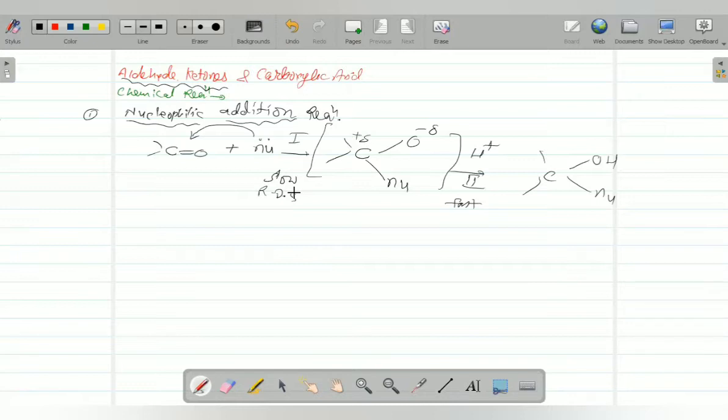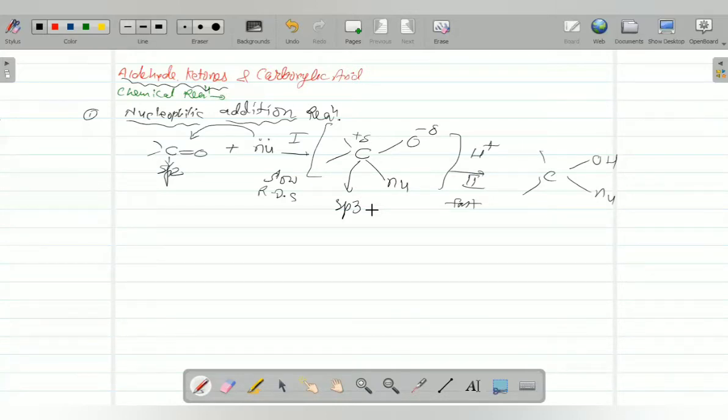Here, if you see, the carbon is sp2 hybridized. On addition of nucleophile, this carbon converts into sp3, because when the intermediate is made, that time this bond is broken.